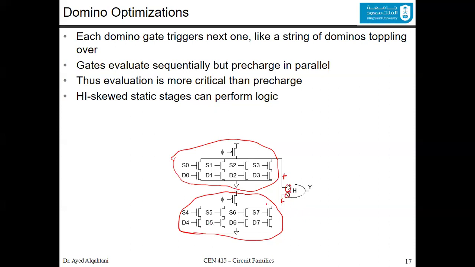Since you want to select between this or that, what you're doing is actually ORing the two paths. Is that the only way to use the domino circuit to design a multiplexer? No, there are many ideas, but that is one of the ideas.